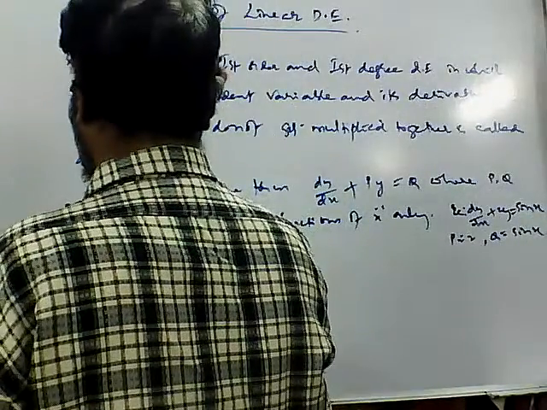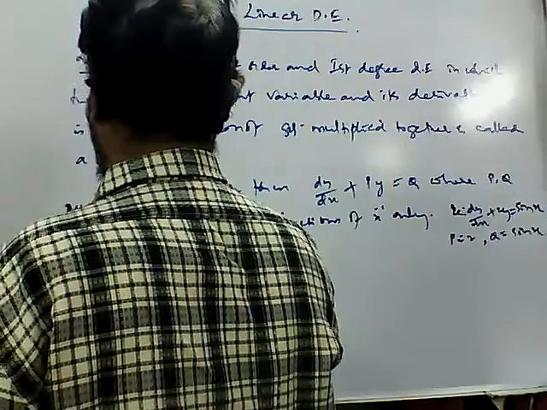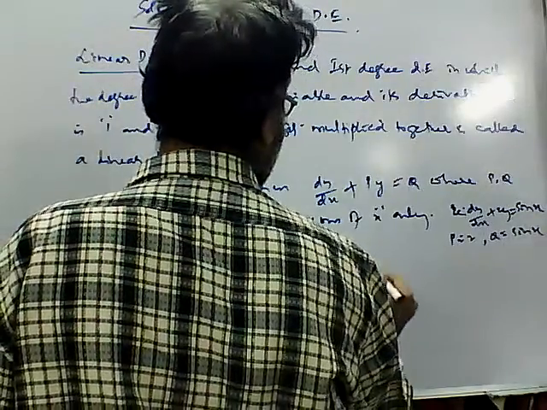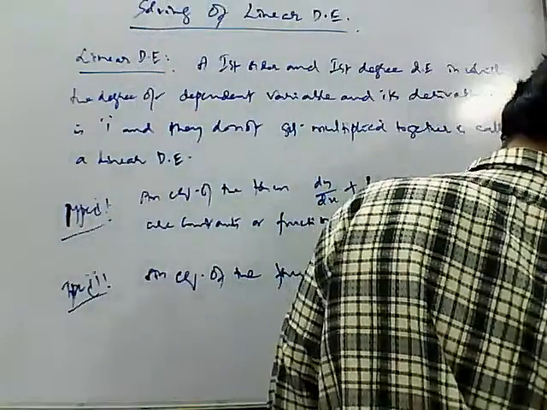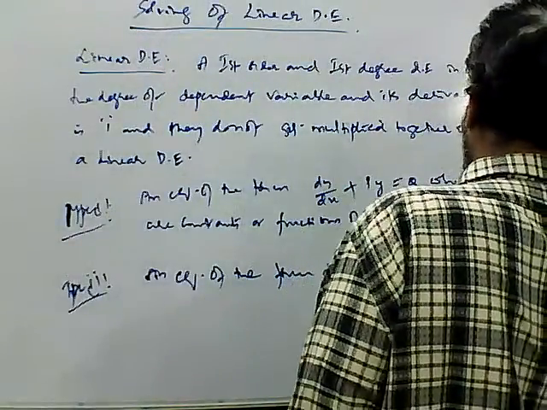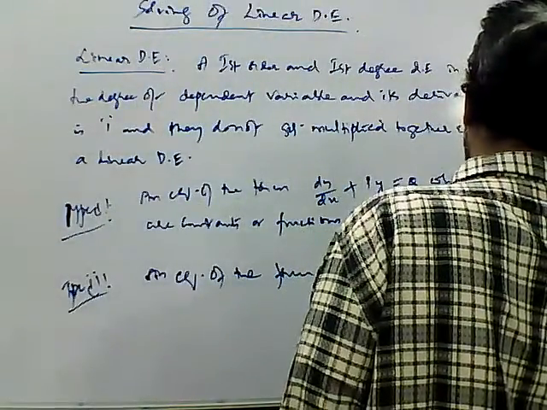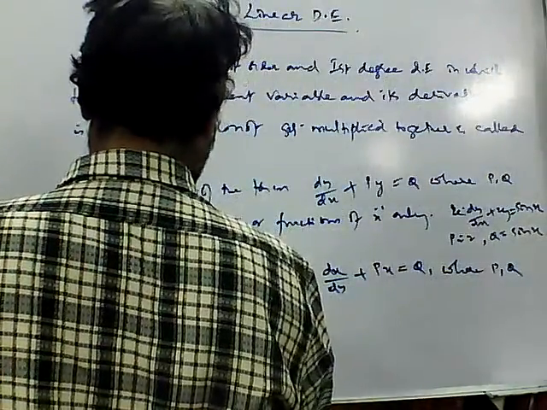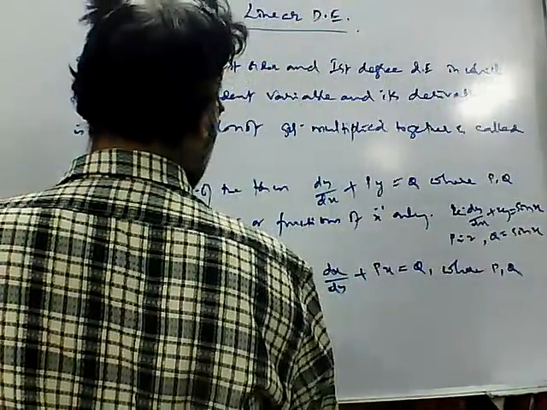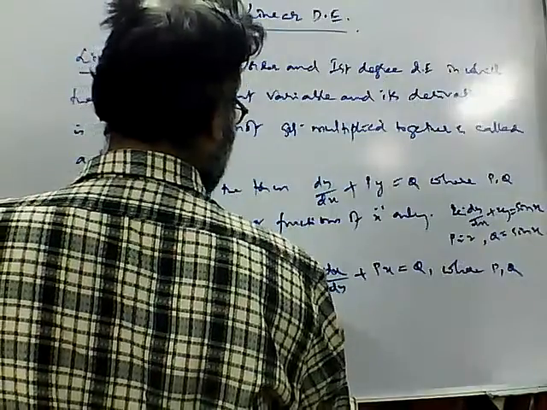Right? Second case, type 2: an equation of the form dx by dy plus px is equal to q, where p and q are constants or functions of y only.